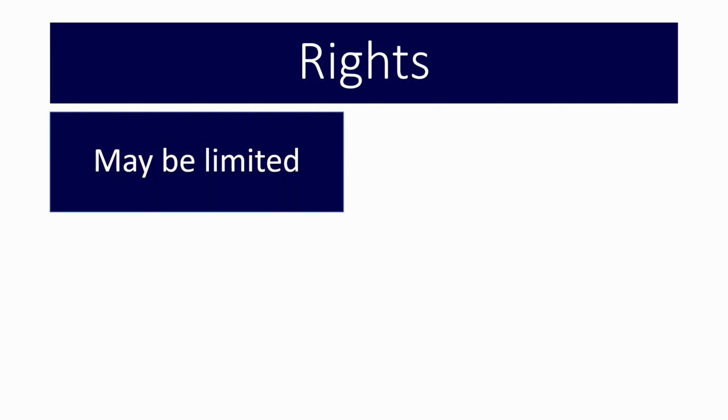Some rights that are entrenched in the ECHR may be limited. Examples include the right to respect for private life, freedom of expression and freedom of assembly. The ECHR provides under which circumstances and to what extent limitations are permissible. In general, limitations require a basis in national law. They must serve a legitimate aim and be necessary in a democratic society. For example, provisions of criminal law prohibiting insults are restrictions of the freedom of expression.